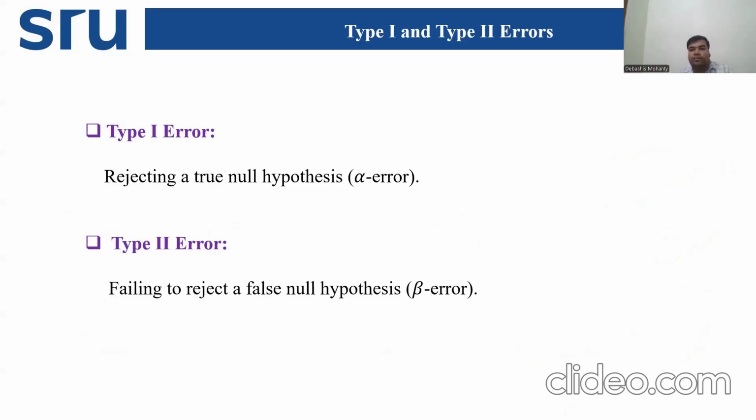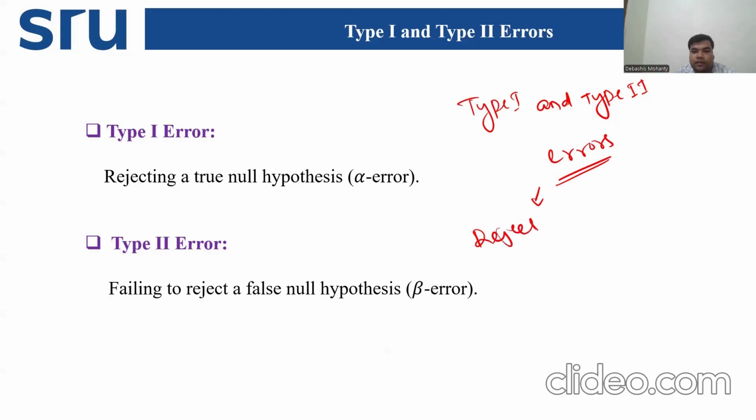So here are the type 1 and type 2 errors. Write down type 1 and type 2 errors. In the type 1 error, we reject a true null hypothesis. That is alpha error.